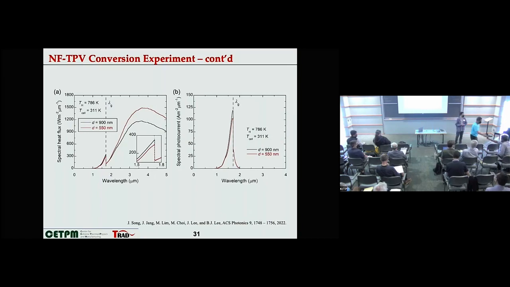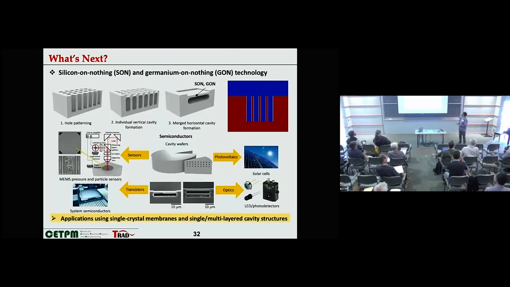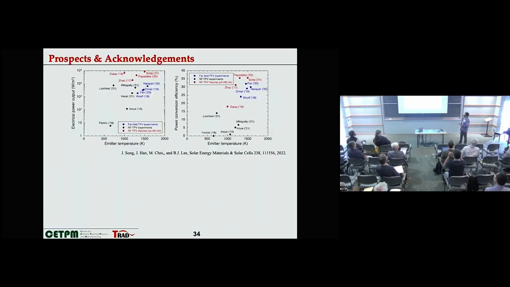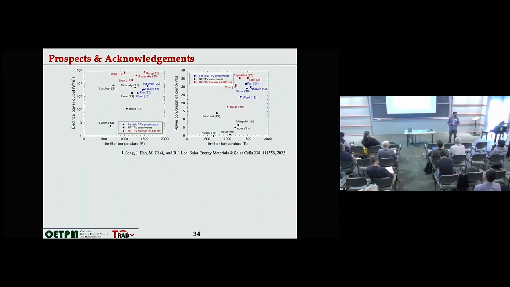Last question. Yongji, in the last slide you showed this comparison between far-field measurements and near field, right? All the far-field work was with much higher temperature emitters, I suspect. I'm not even sure all of that is experimental work, but certainly the more recent advances at 35% to 40% are close to 2000 Kelvin.